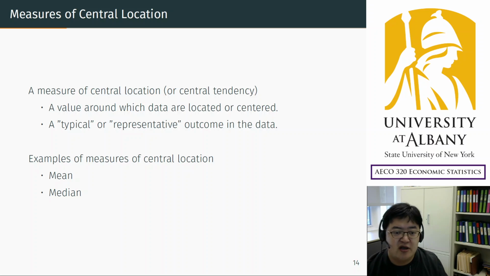Examples we are going to learn in this course are mean and median. Mean is the average, and median is an alternative. Later, I'm going to introduce what the median is in a few videos.